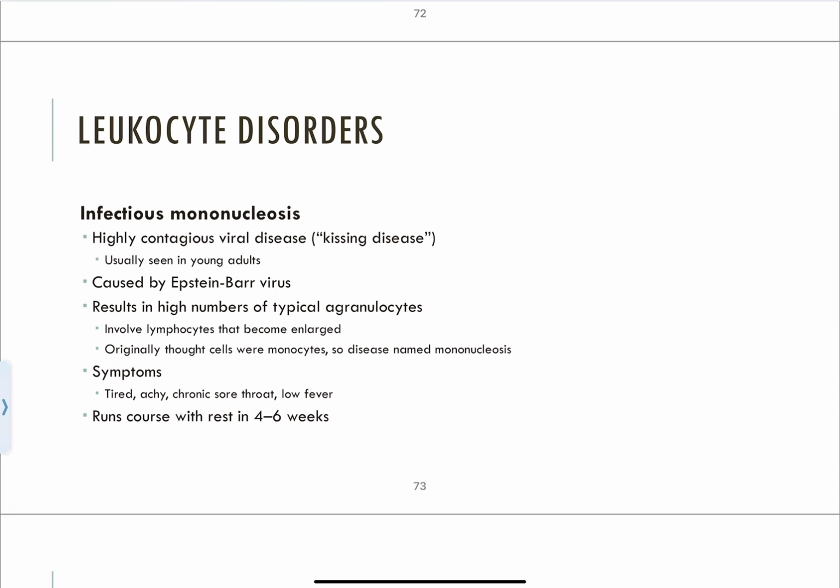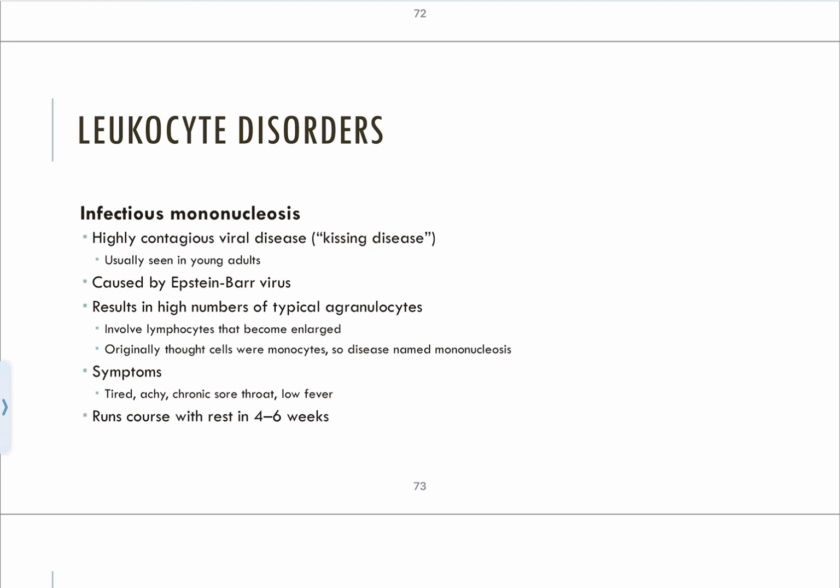Okay, infectious mononucleosis. This is also sometimes called the kissing disease because it's very, very contagious. It's frequently seen in young adults. It's actually caused by a virus, and that virus is called Epstein-Barr virus. How you know you have infectious mononucleosis is that you have excessive numbers of lymphocytes.